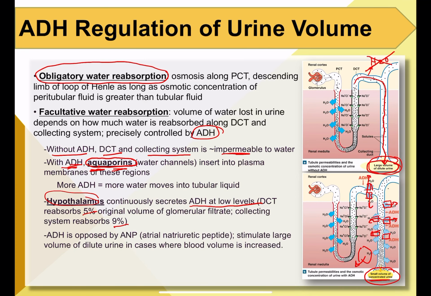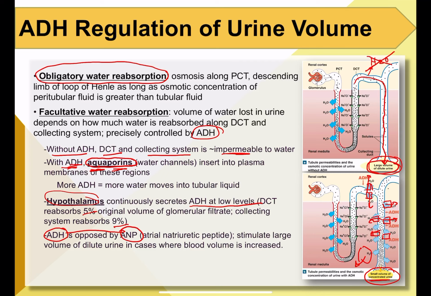ADH, as we've already mentioned, has an antagonistic relationship with natriuretic peptides. When you have too much water, ANP will be released to get rid of all that extra fluid from your body, causing your blood volume to go down, and hence you can control your blood pressure as well.